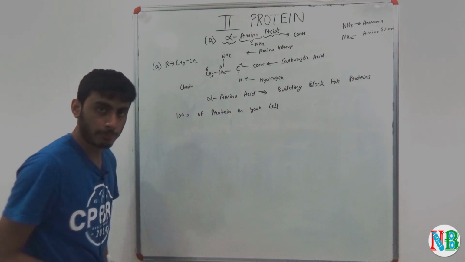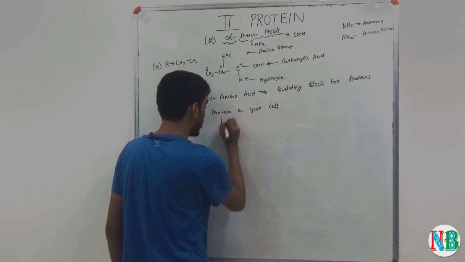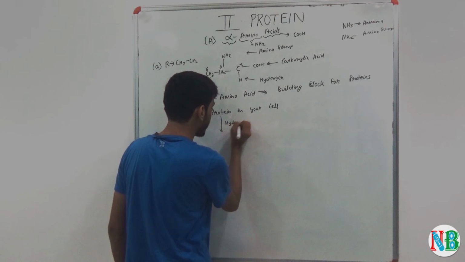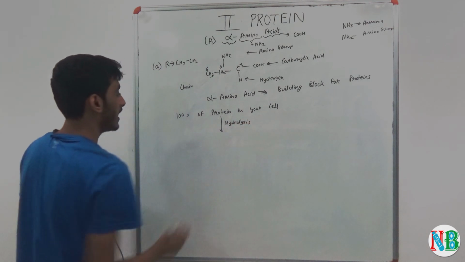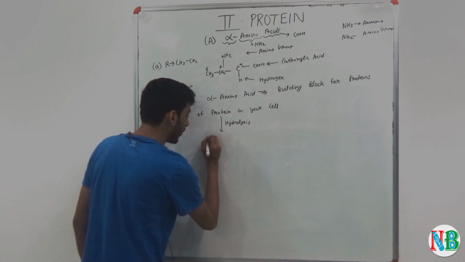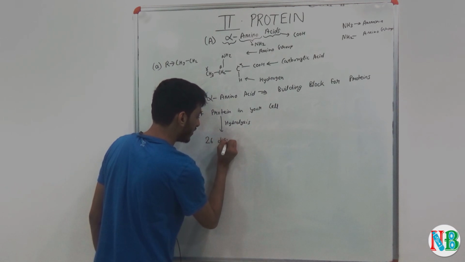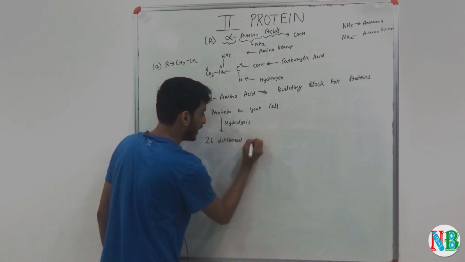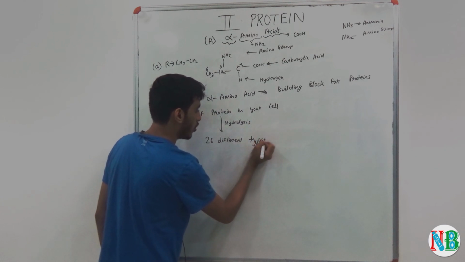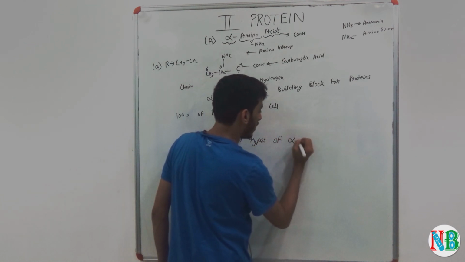Out of all the proteins, if you hydrolyze them, on hydrolysis, in total you get 26 different types of alpha amino acids.